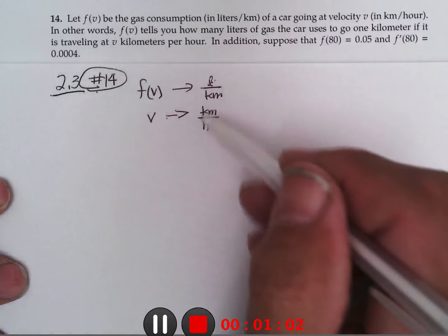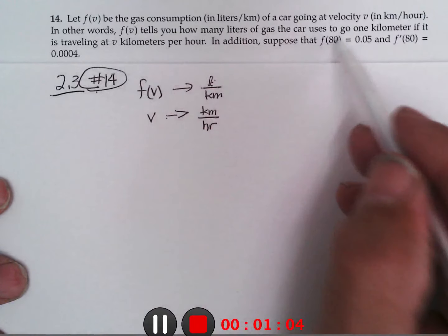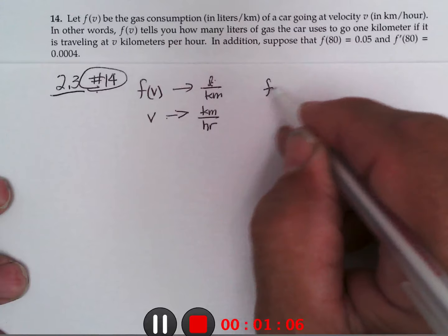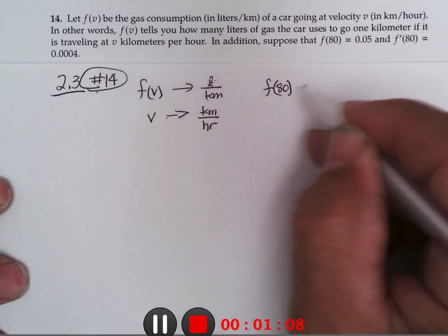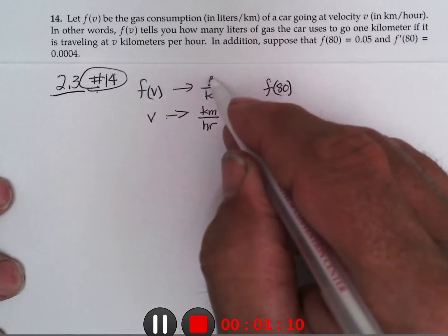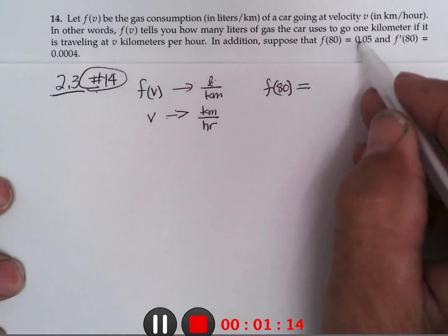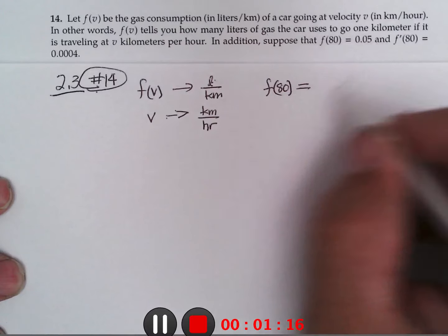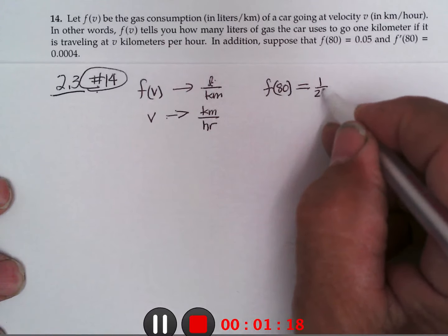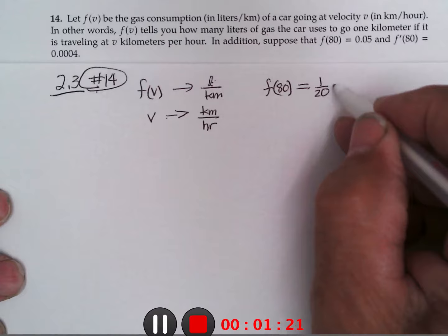In addition, suppose that F of 80, so I'm going 80, the number of liters you use per kilometer is going to be 0.05, which is 1/20th liter per kilometer.